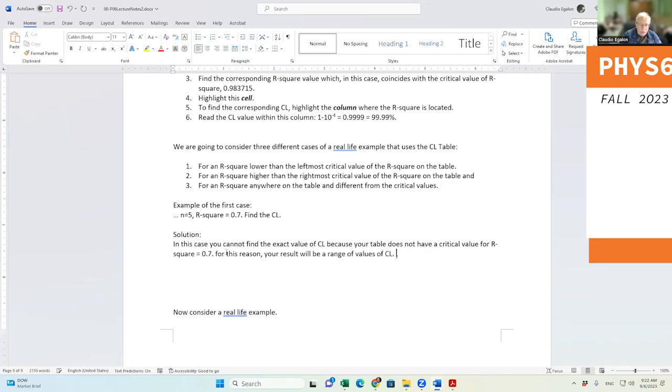In other words, your CL will be between two values that you can find from the table.